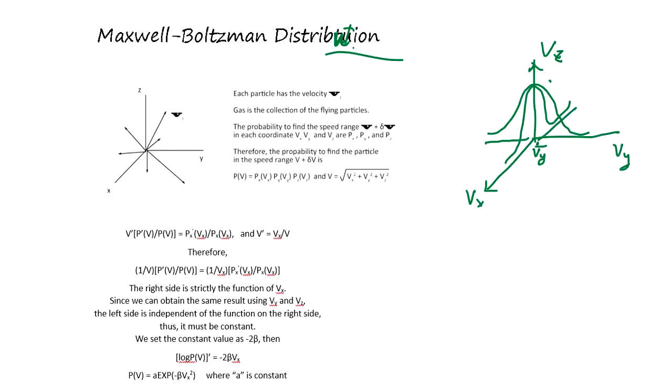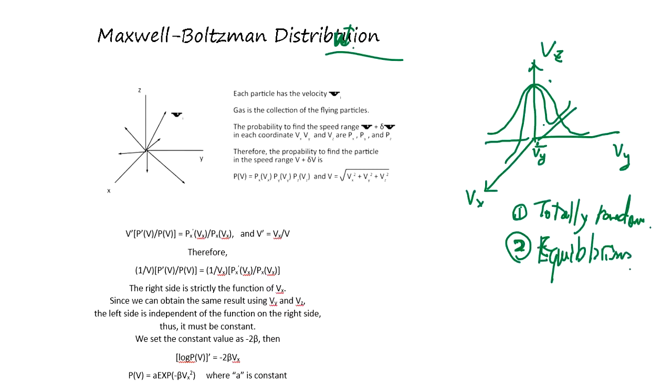Why can we assume that? The reason is, number 1, it's totally random. Number 2, equilibrium. Molecules flying around occasionally collide and reach an equilibrium state over a long time.